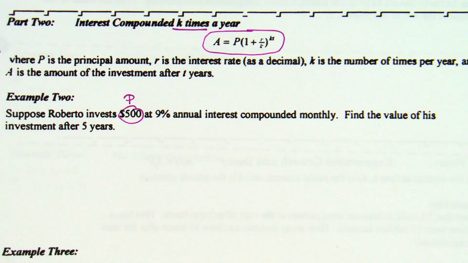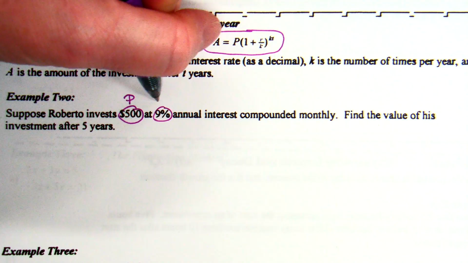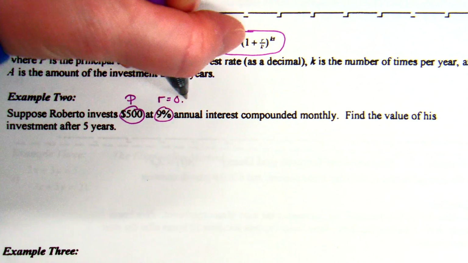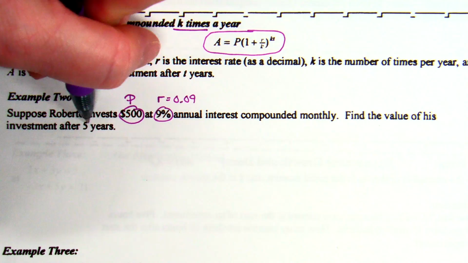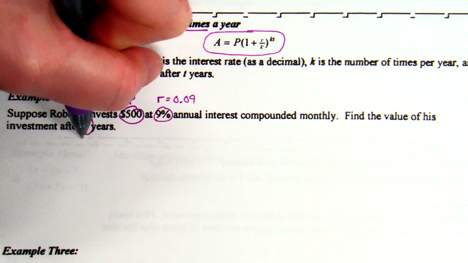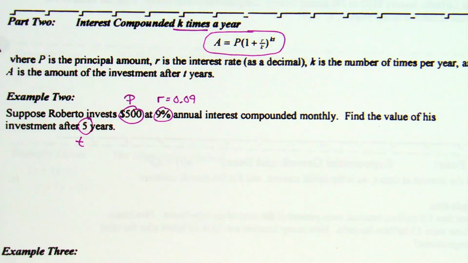So P, or the principal, is 500. 9% is my interest rate, so that means R is going to be 0.09. Okay. Investment after 5 years. So 5 years means T is 5.